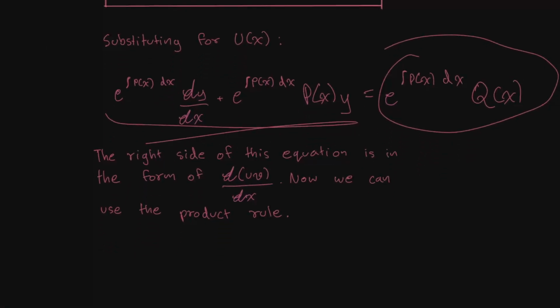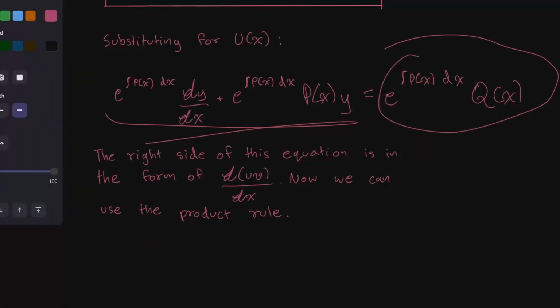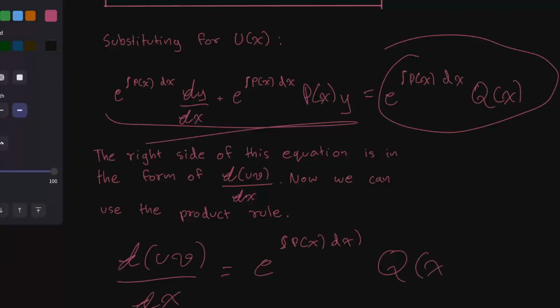So that's why we can write d(uv) by dx is equal to e to the power of integral p of x dx q of x, right? So now all we have to do is, we already defined what u and v are, and dx is going to stay the same. So now we just substitute our values for u and v.